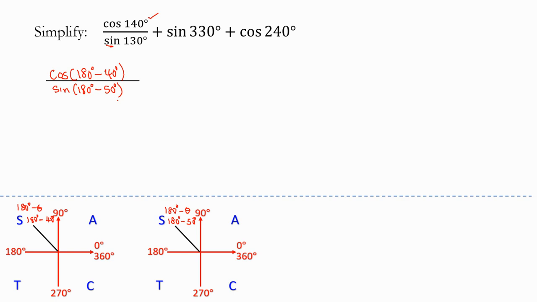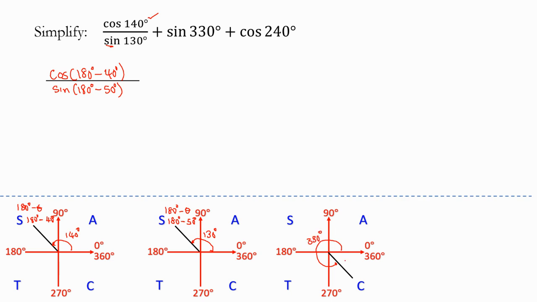Let's go to our third component, which is sine 330 degrees. Is it in the third quadrant or fourth quadrant? It should be in the fourth quadrant, because it's between 270 degrees and 360 degrees. Let me write these angles here: this was angle 140 degrees, this one was angle 130 degrees, and this one is angle 330 degrees.